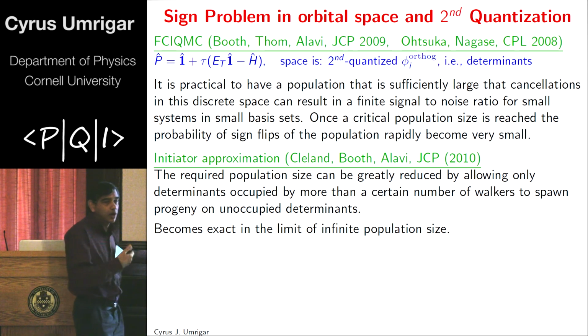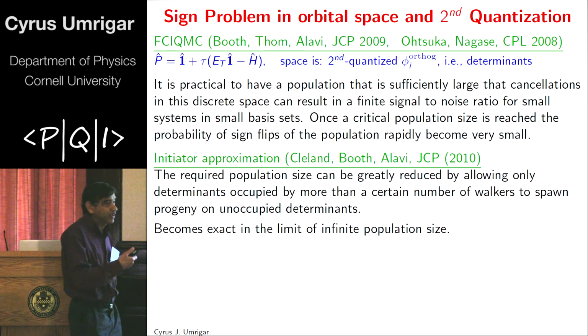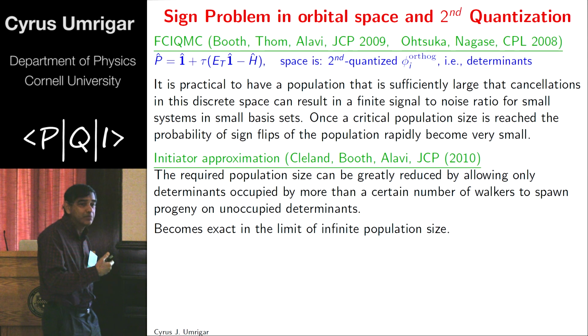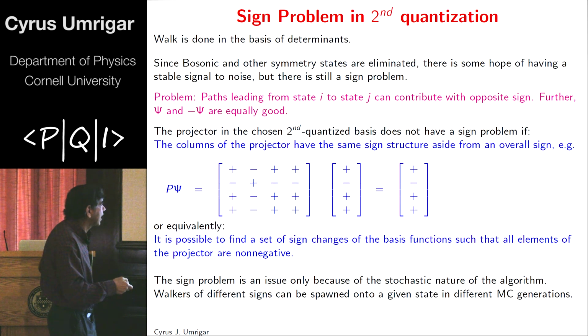If you're in a finite space, you can solve the sign problem simply by having a sufficiently large number of walkers and canceling them. Going back here, note that the sign problem occurs because you're doing Monte Carlo.